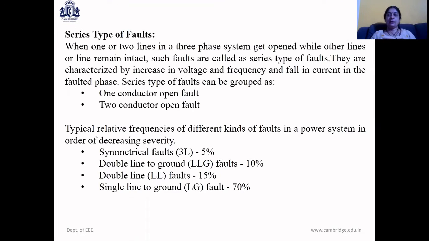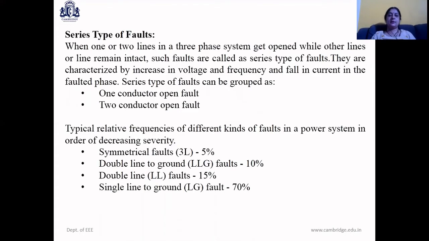Double line to ground fault is the second most severe fault, with an occurrence of around 10%. Double line faults are at 15% occurrence, and single line to ground fault is the most commonly occurring fault on the power system, contributing 70% of the faults.